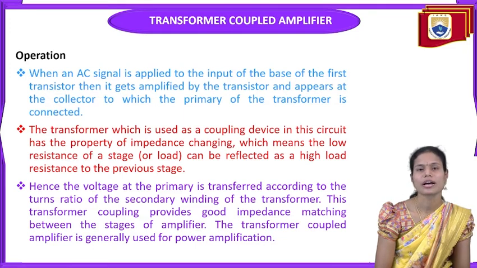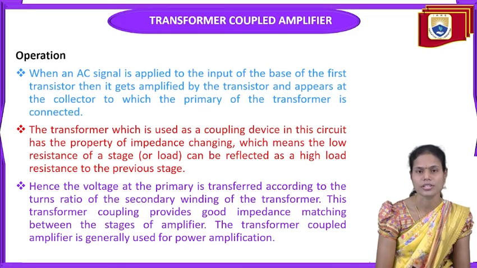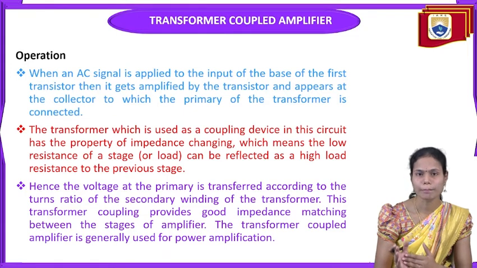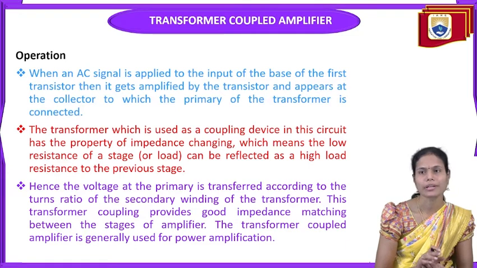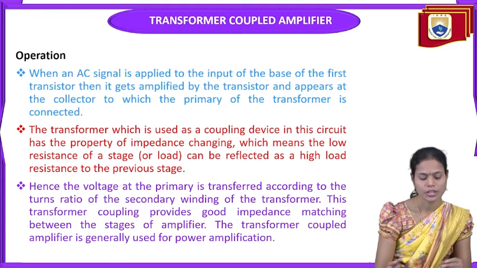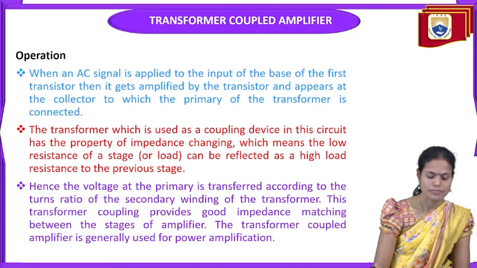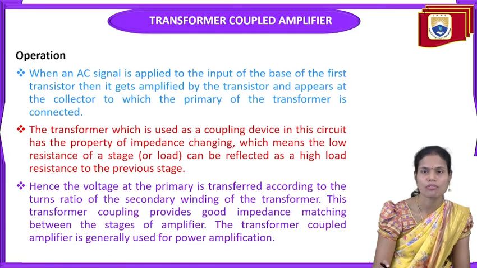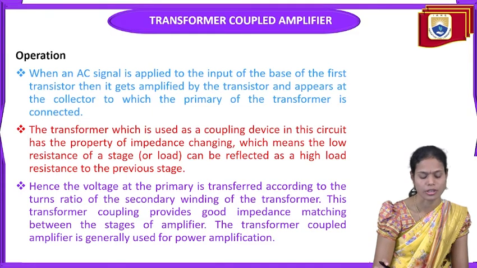The low input impedance of the second stage is reflected as a high load resistance, or high output impedance, in the first stage. Because of this, the voltage of the primary is transferred according to the turns ratio of the secondary winding of the transformer.